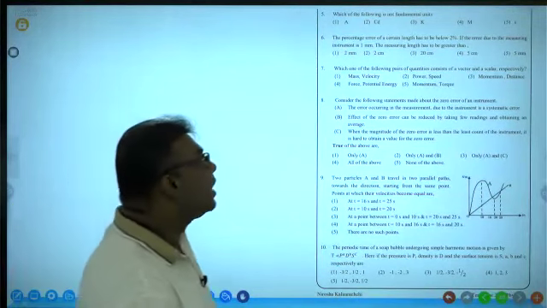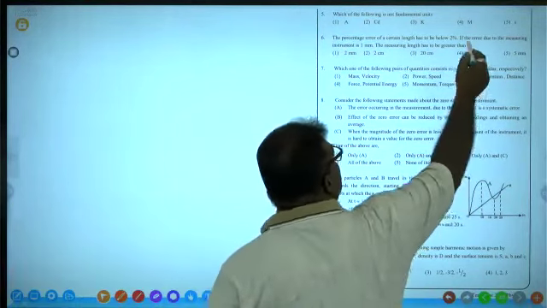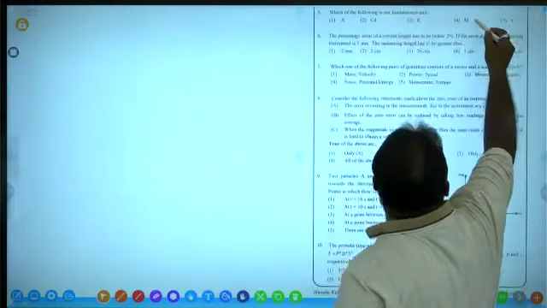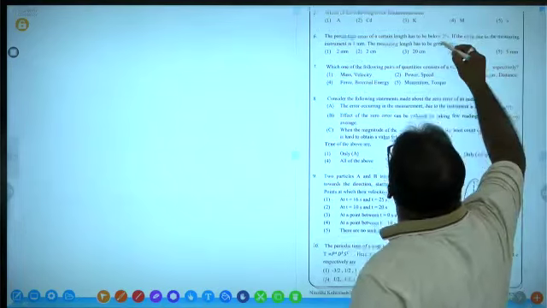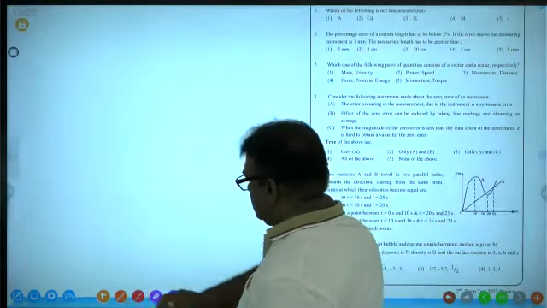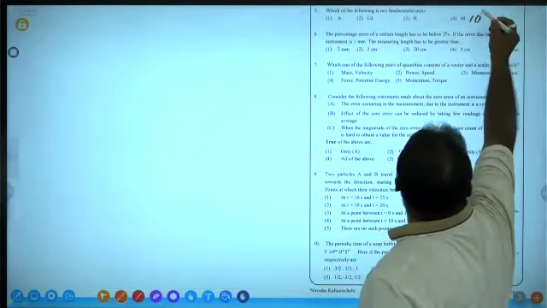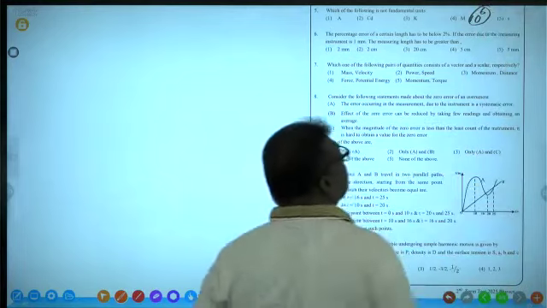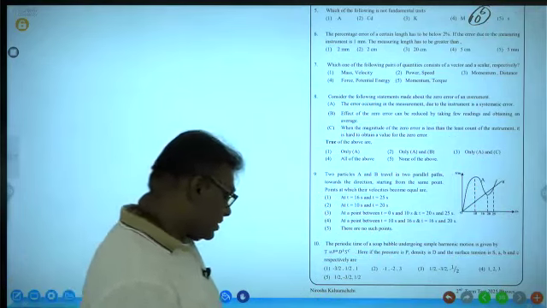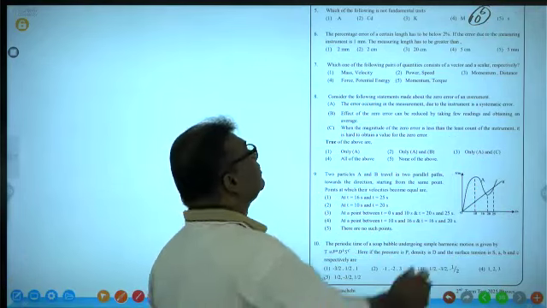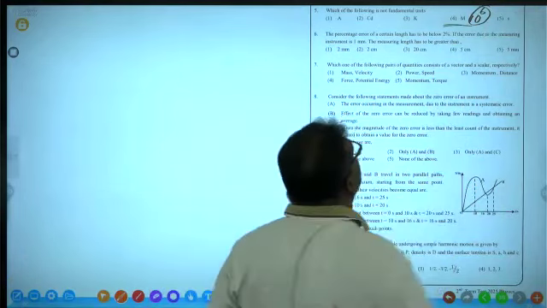That means mega, which is 10 to the power 6. That is wrong, so it is not a fundamental unit. Correct answer is the fourth one.